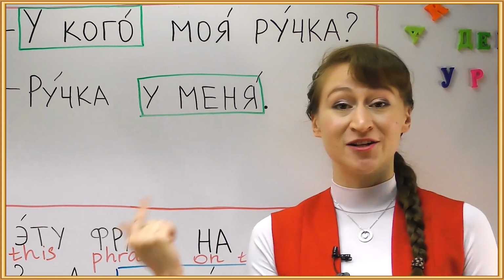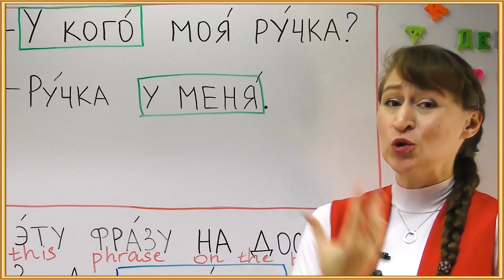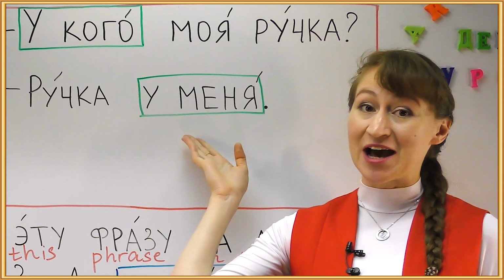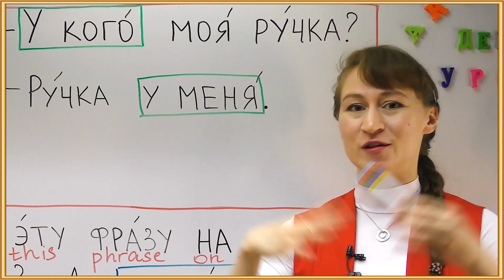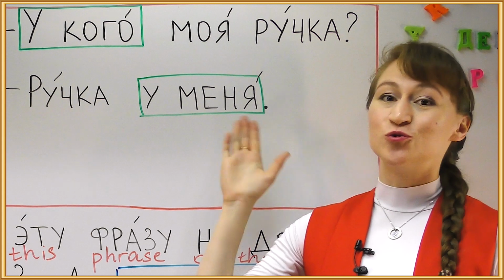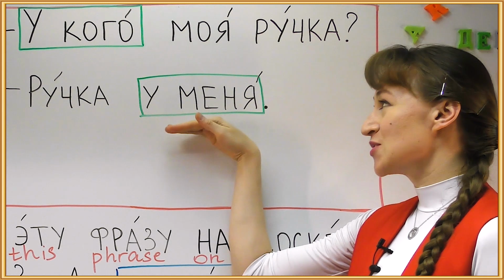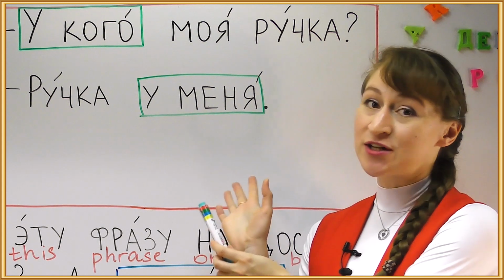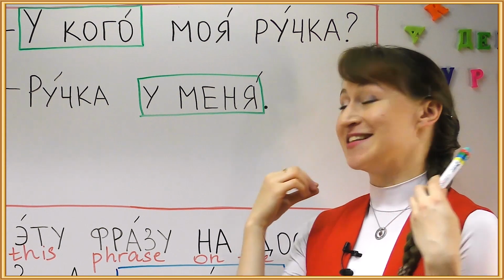In whose world, in whose universe? Near whom, literally. So, who has it? Who has my pen? Ручка у меня. Right? For example, a father asks the children or the whole family, who has my pen? Ручка у меня. Daughter replies, or whoever. So, here we don't use есть, because we already know that ручка exists. It's there. It's the pen.